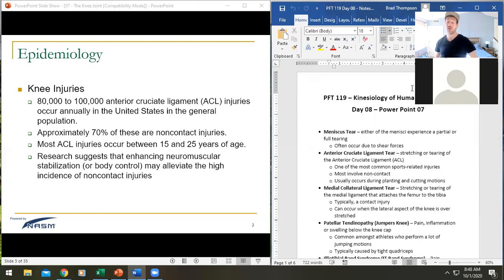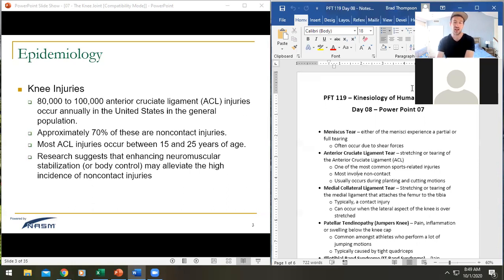When we're talking about the epidemiology of knee injuries, which is just to say the common knee injuries that we tend to see, we're going to see about 80 to 100,000 ACL tears a year in the US alone, which is crazy. That's a lot of ACL tears, not to mention all of the other types of knee injuries.